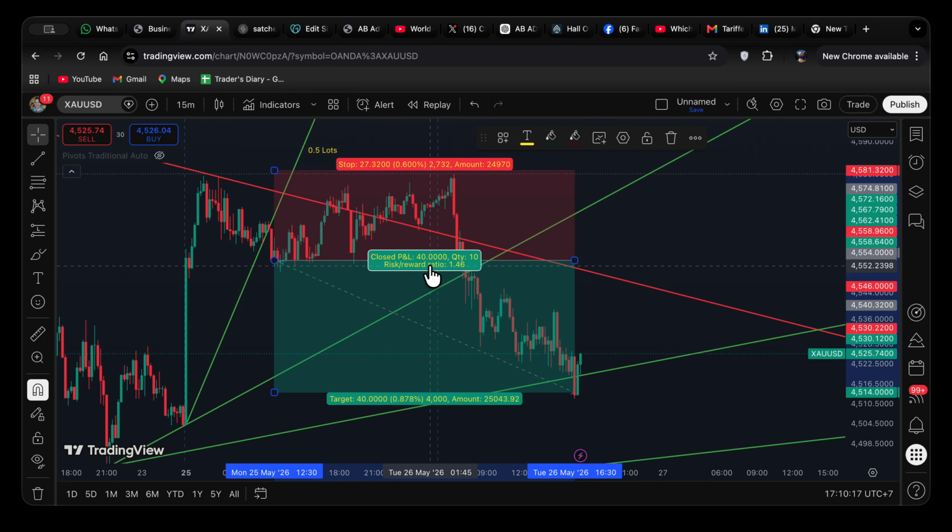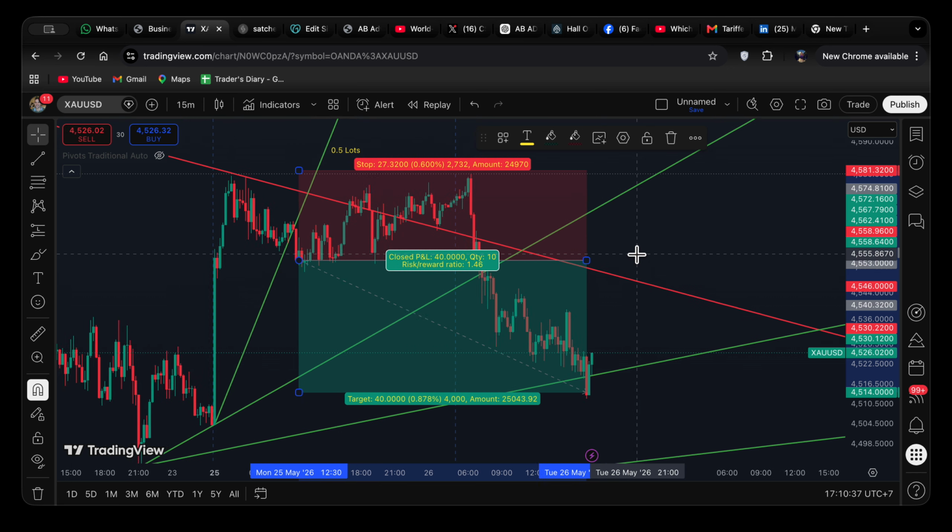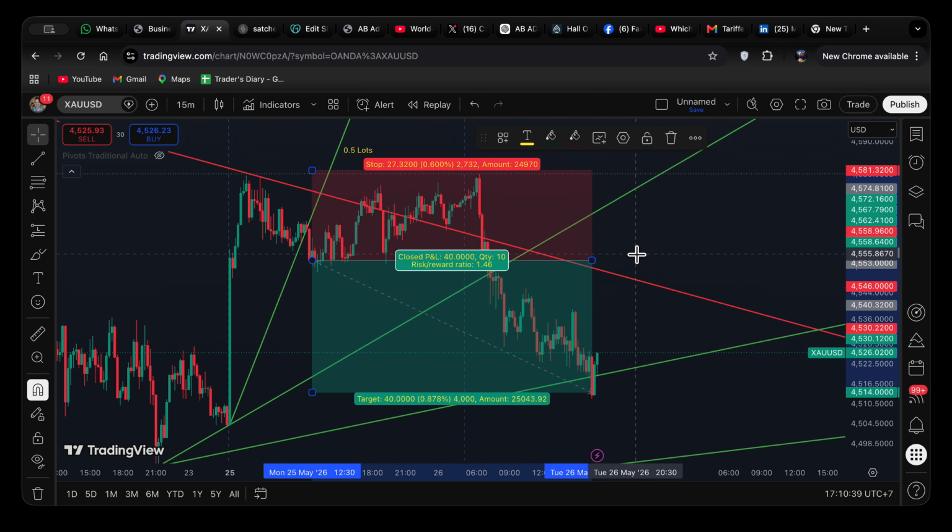And it's a trade with a risk reward ratio of, let's say, 1 to 1.5. So I quite risked on this trade, but I'm happy because I follow the rules and I follow the execution.